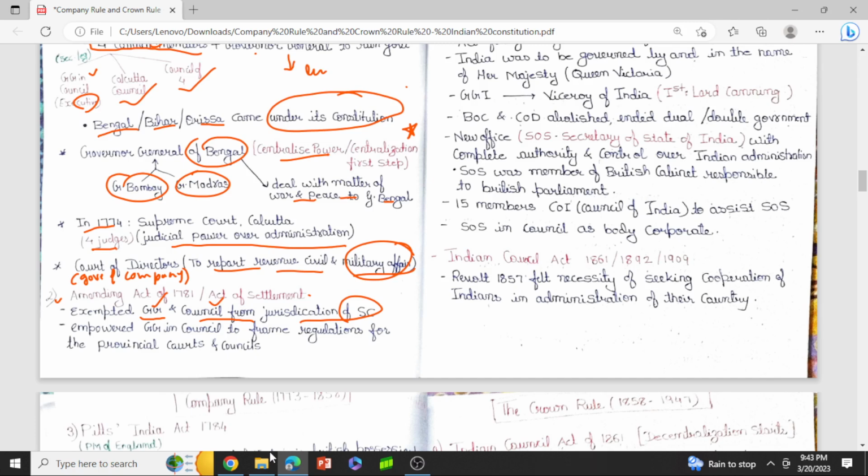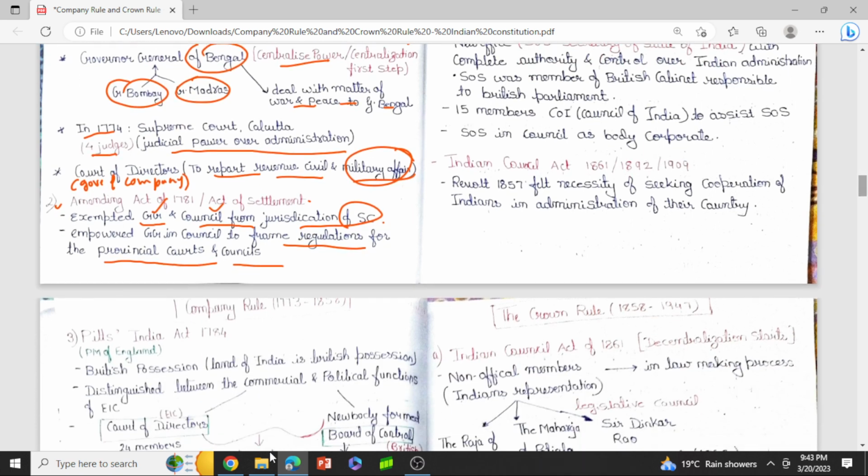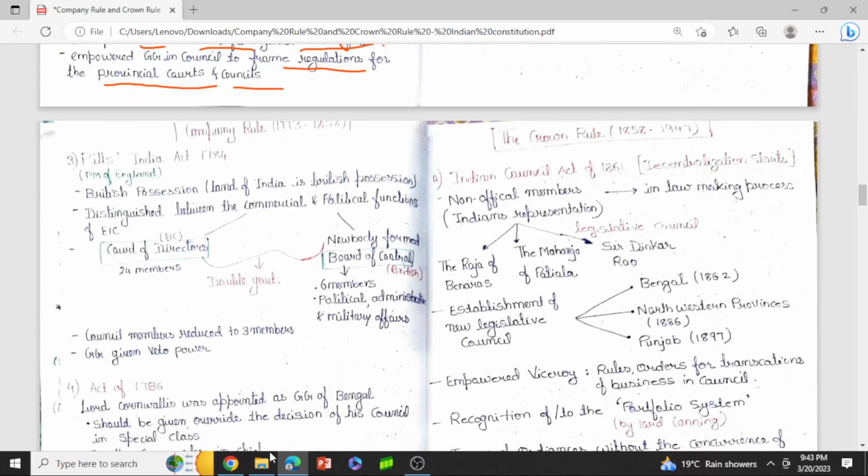So official work, official power, they were removed completely from the jurisdiction of the Supreme Court. It empowered the Governor General in Council to frame the regulations for the provincial courts and the council. This is the Act of 1781.